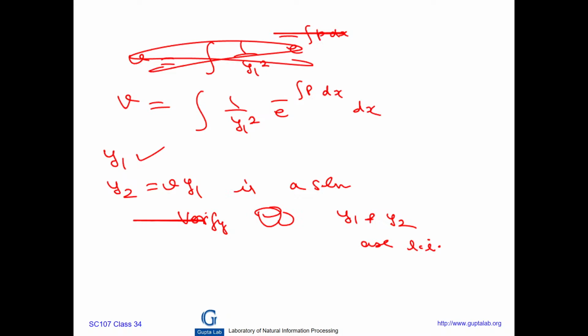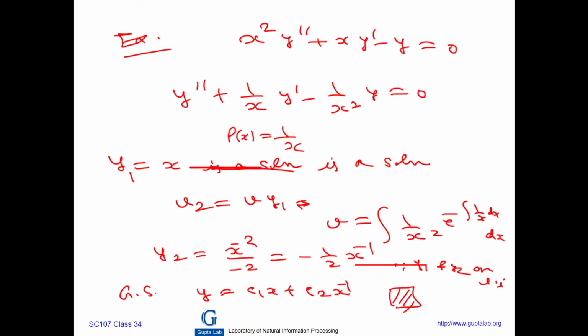Now we are ready. I am going to look at the second order linear differential equation with constant coefficients. The coefficient functions p(x) is a constant P, q(x) is a constant Q, just constants. Then how can we solve?